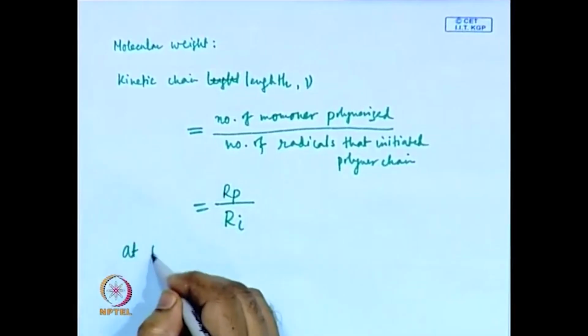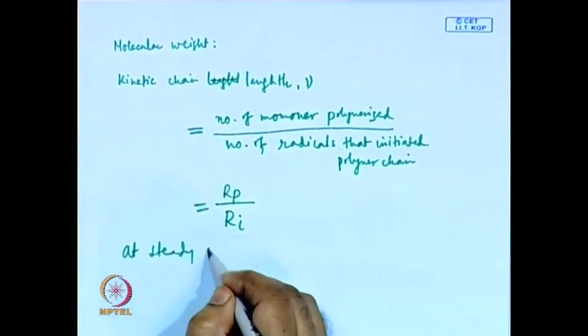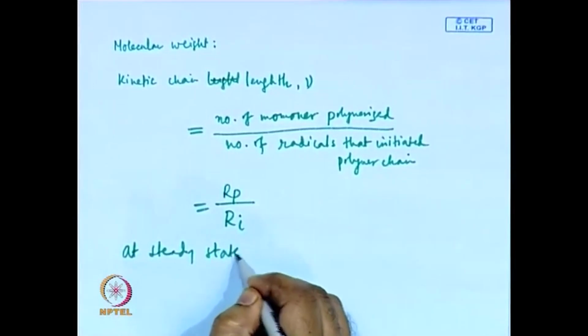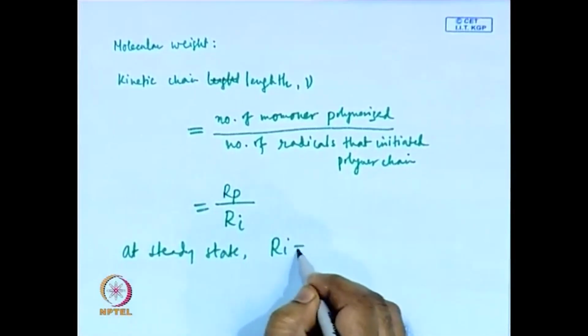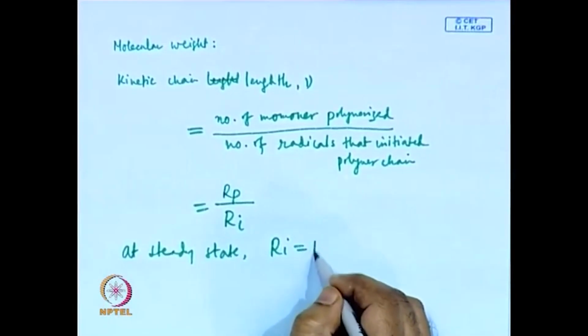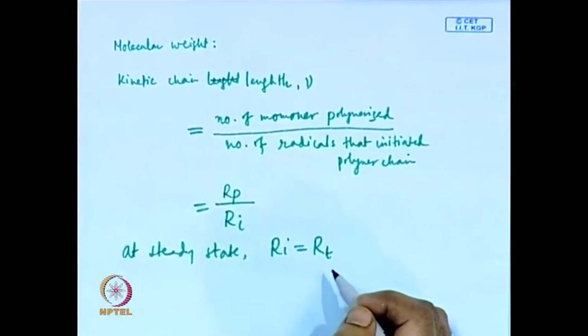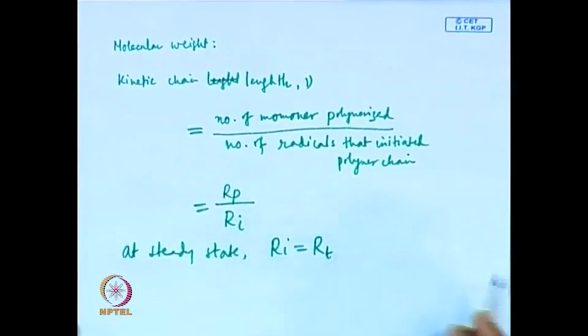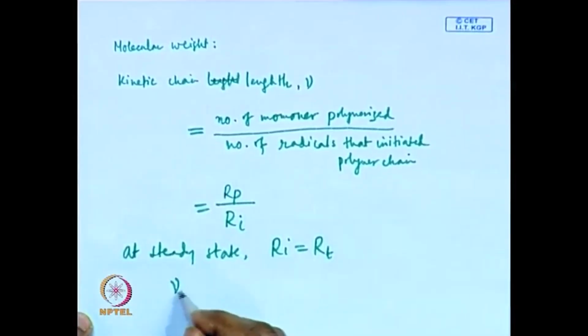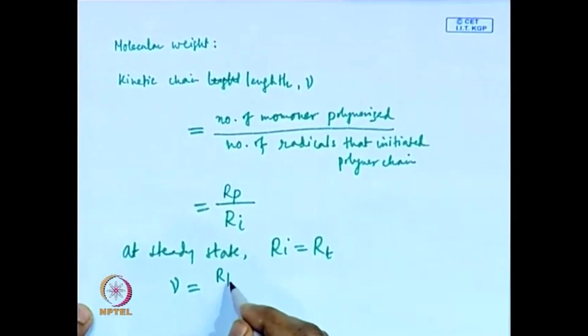Now, at steady state, we know by this time that Ri is equal to the rate of termination. So we can write nu as Rp, the rate of polymerization, by the rate of termination.